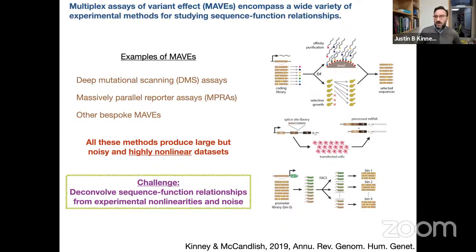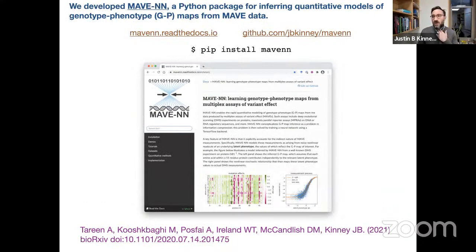So there's a common challenge in analyzing MAVE data, which is there's a basic need to deconvolve the underlying sequence-function relationship that you're interested in from the very strong experimental nonlinearities and noise that can result from these sorts of experimental methods. So to address this need, my group has developed a Python package called MAVE-NN for inferring quantitative models of genotype-phenotype maps, or equivalently sequence-function relationships, from MAVE data.